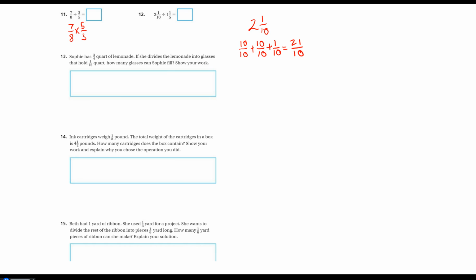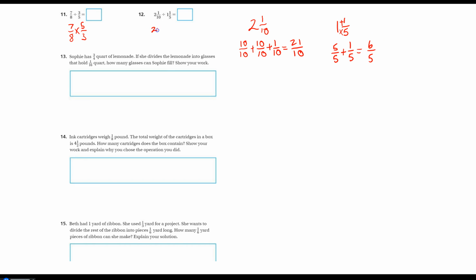So we have 21/10, and then 1 1/5, we have 1 whole, so that would be 5/5 plus another 1/5. That would be 6/5, and again, you can do it the same way. You could multiply 1 times 5 is 5, plus 1 is 6, and get the 6/5 that way as well.